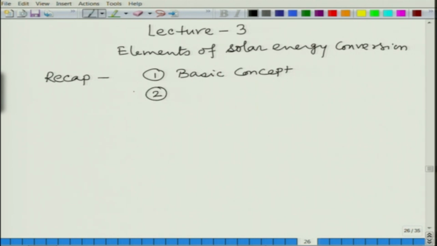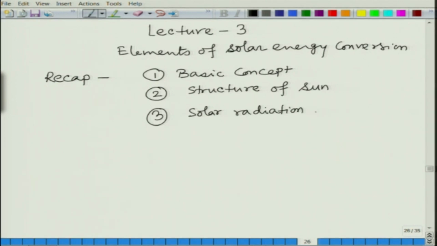Then we have looked at the structure of the sun, and we have also looked in detail at the solar radiation spectrum, the wavelength-wise distribution of the whole energy that we are receiving on the surface of the earth.